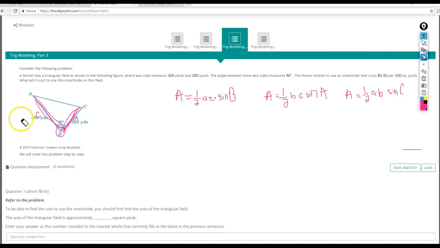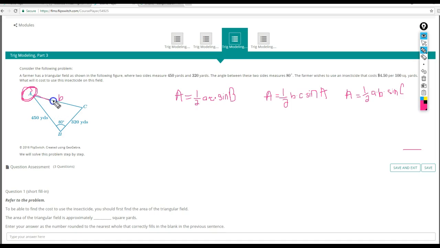So if we look at the area formula when given side length little b, little c, and sine of angle A, I'm looking at angle A, and I'm going to notice that side length little b is going to be right here.